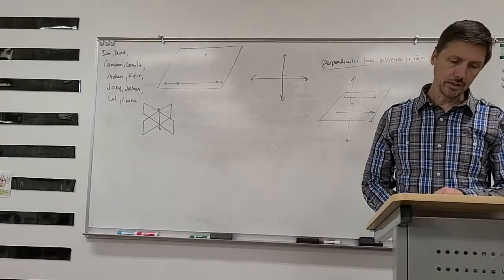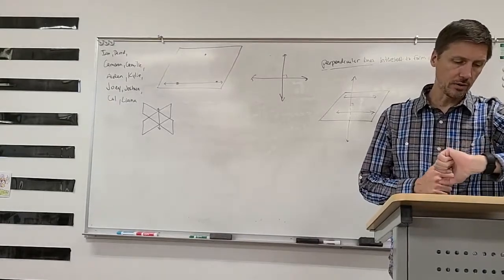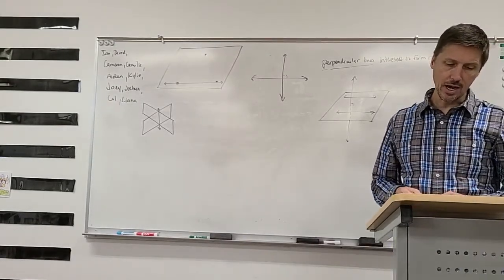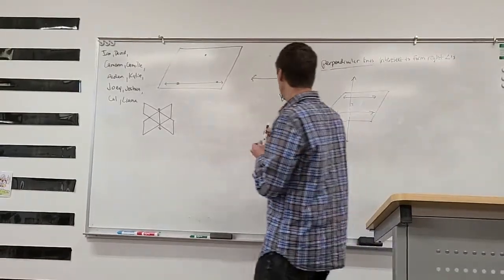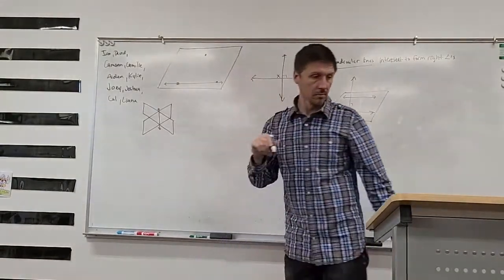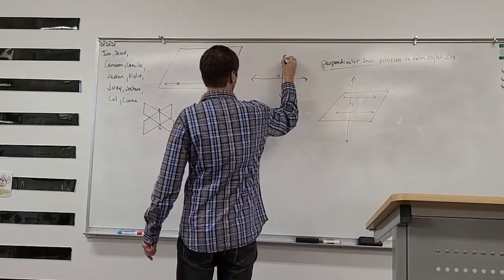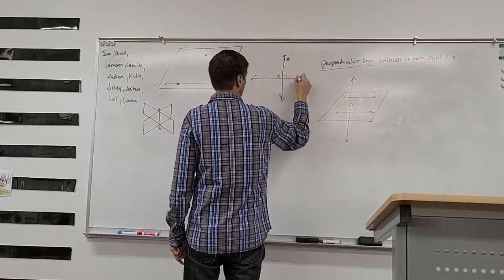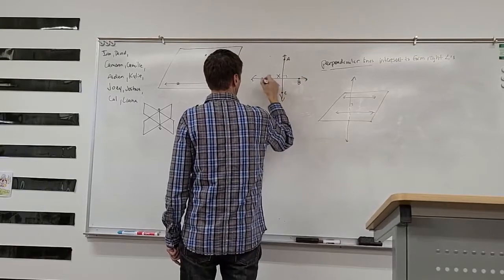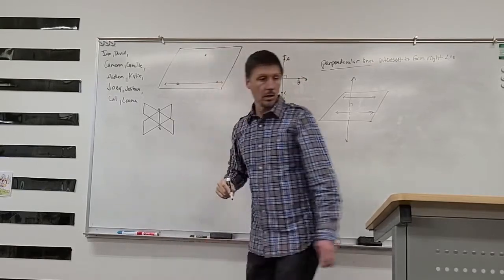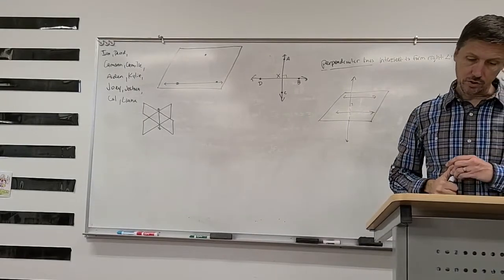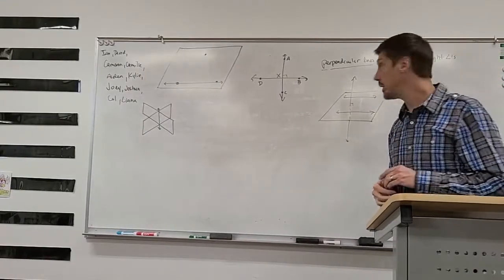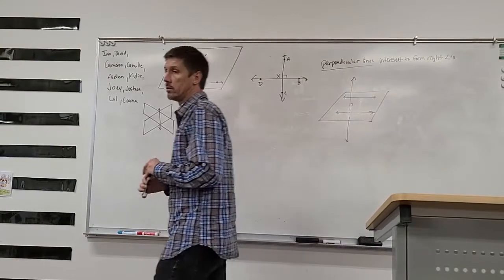Using some definitions here, decide whether each statement about the diagram is true. They give us a diagram with a point X, and points A, B, C, D. Points D, X, and B are collinear.